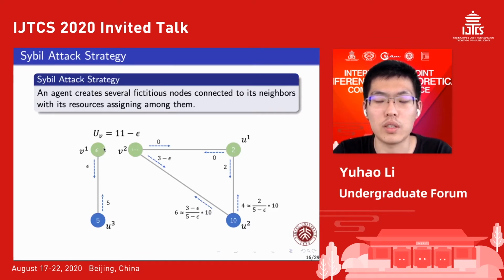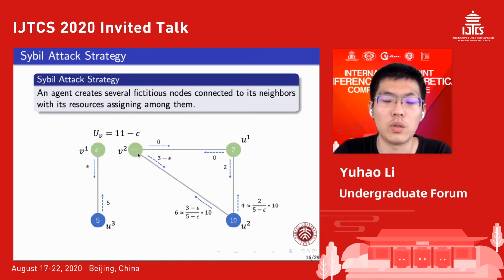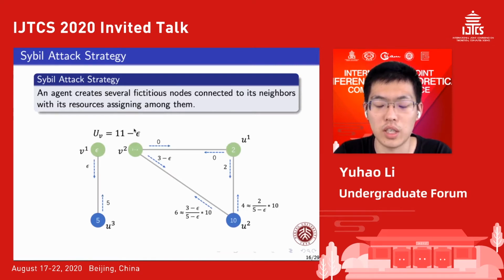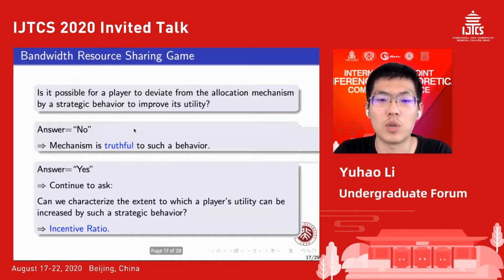So in the previous example, agent V receives 9 units of resources, and if V splits itself into V1 and V2, where the weight of V1 is epsilon and the weight of V2 is 3 minus epsilon, then it will get about 11 units of resources, which is strictly greater than 9 units. So the proportional response mechanism is not truthful against such a threatening strategy.